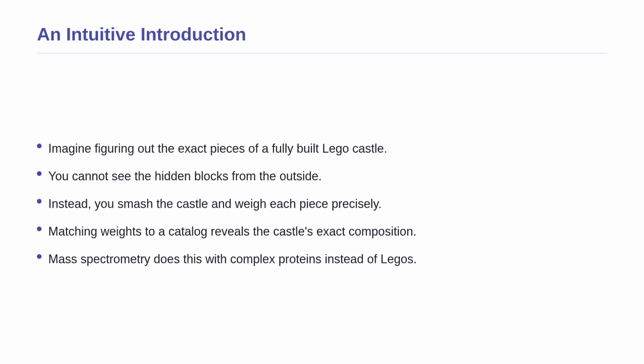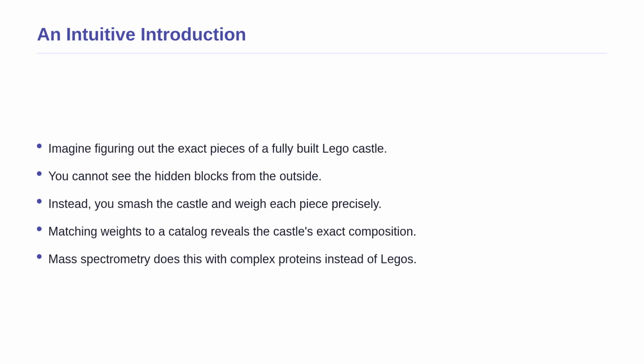Let us start with a simple analogy to understand what mass spectrometry actually does. Imagine you are handed a complex, fully built Lego castle, and your job is to figure out exactly which individual blocks were used to build it. You cannot just look at it from the outside, because many blocks are hidden deep inside.